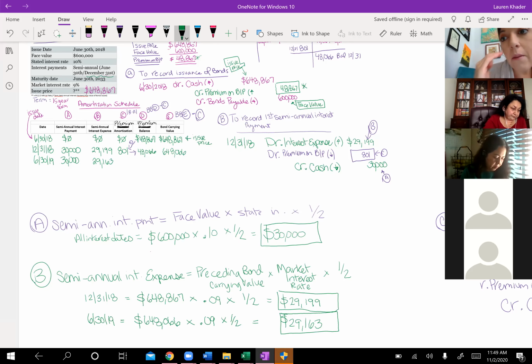Over time, the amount of amortization that we take will be increasing because that difference is going to be greater. So 30,000 compared to 29,163. Amortization of our premium is how much? 837. Again, our premium balance is shrinking.